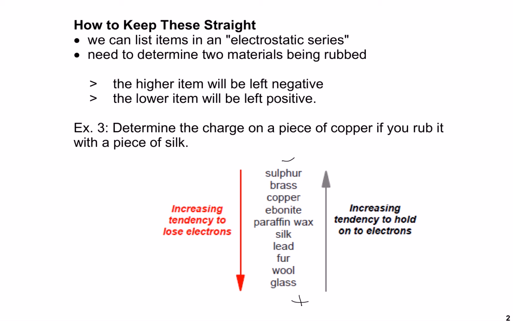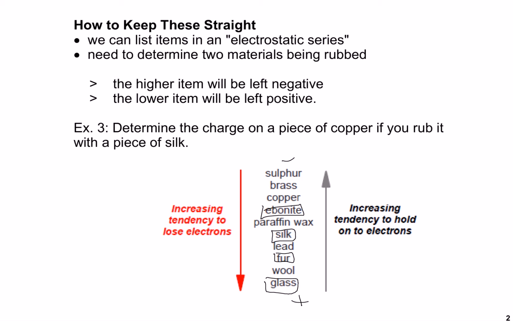So if we rub any two of these objects together, you should be able to figure out which one would be positive, which one is negative. We just did glass with silk, so you can see the silk would be the negatively charged one, the glass would be the positive. When we did fur and ebonite, the ebonite was higher up, so it was the negatively charged rod, the fur would be positive, and so on.